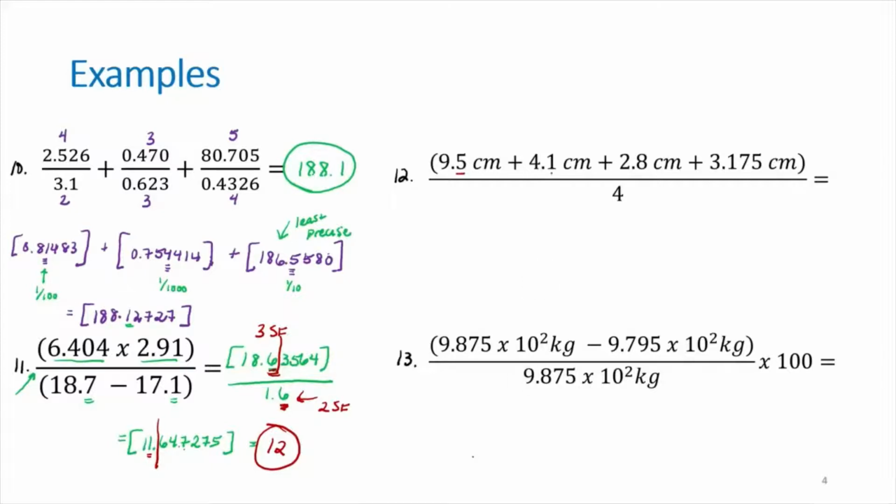I have 1 decimal place, 1 decimal place, 1 decimal place, and 3 decimal places. When I do the addition, I need to keep my final answer to 1 decimal place. So when I add up 9.5 plus 4.1 plus 2.8 plus 3.175, I get a calculated answer of 19.575.